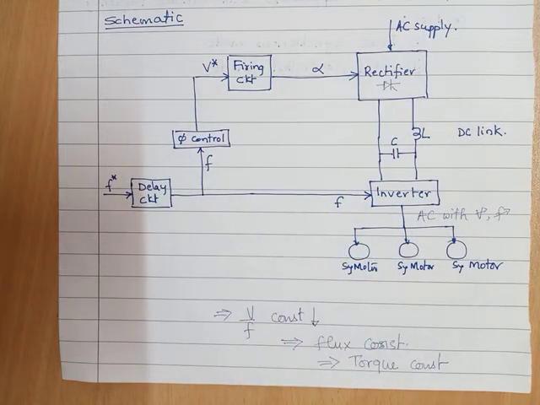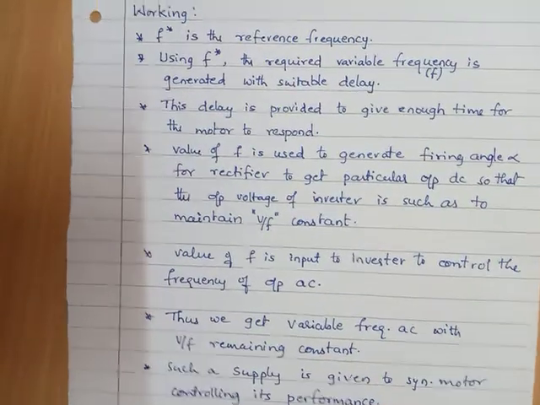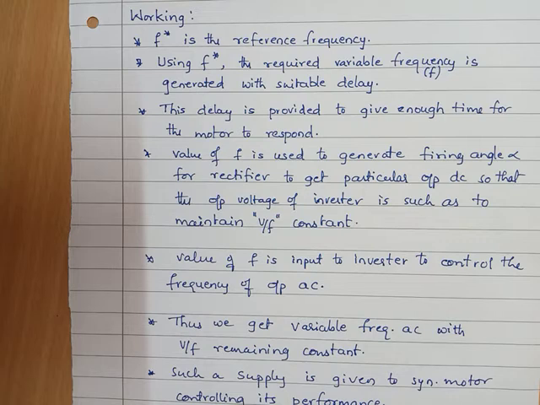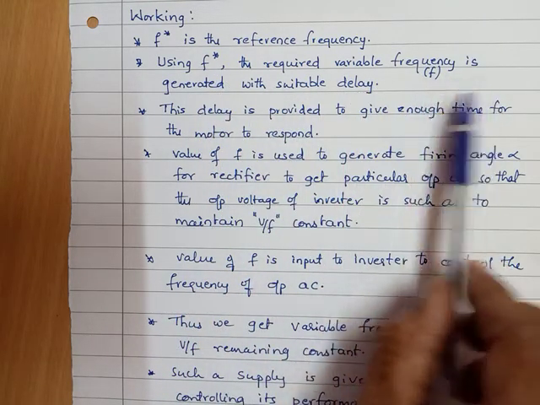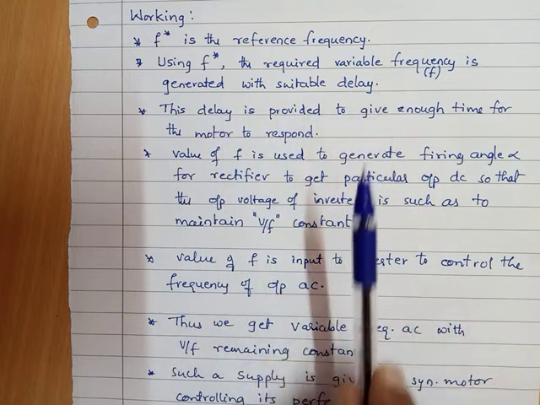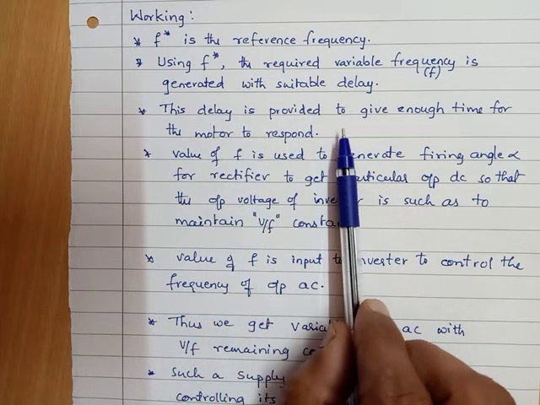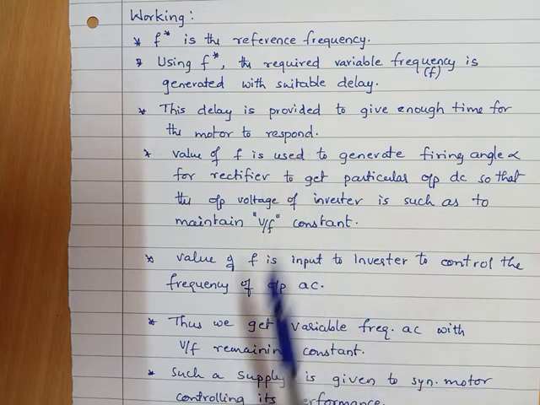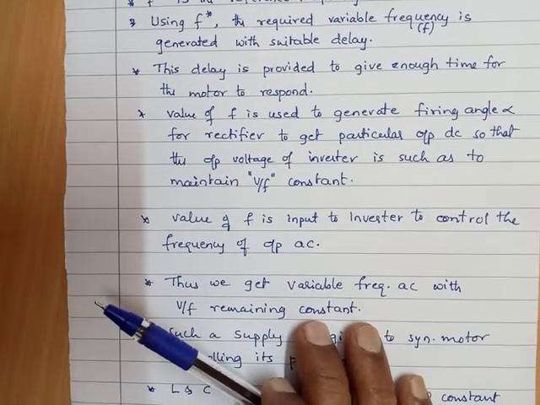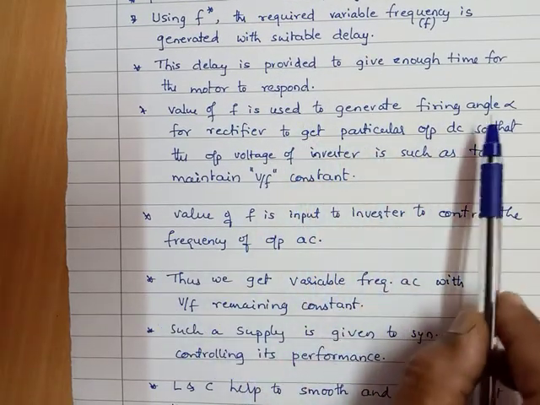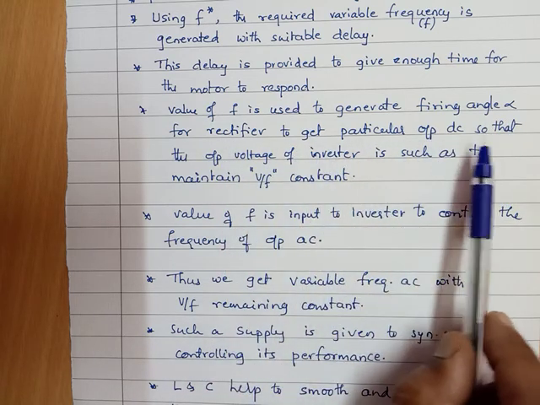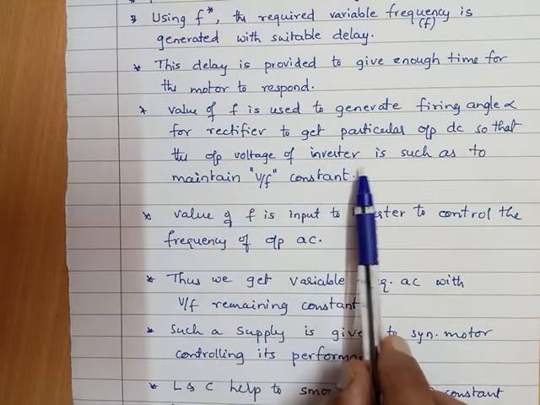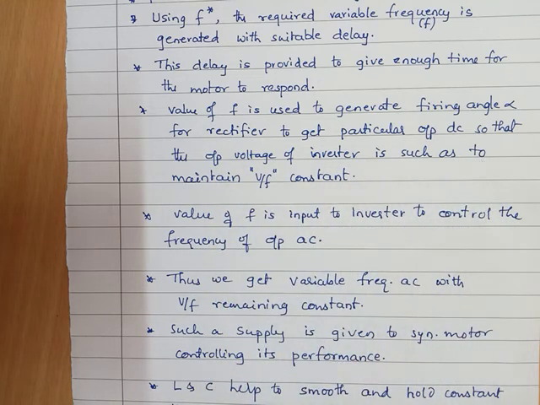Are you able to appreciate this? Good. So, the whole thing we discussed is this. The frequency F star is the reference frequency. Using F star, the required variable frequency is generated with suitable delay. This delay is provided to give enough time for the motor to respond. The value of F is used to generate firing angle alpha for the rectifier to get a particular output DC, so that the output voltage of the inverter is such as to maintain V by F constant.